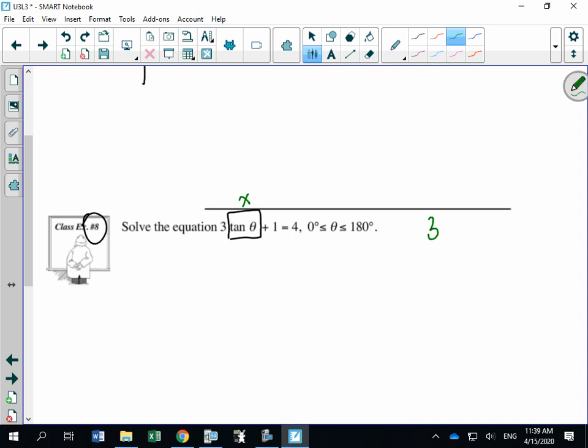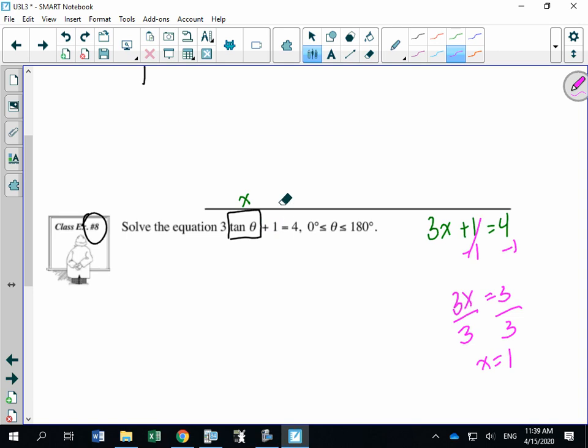So this would be the same thing as saying 3x plus 1 is equal to 4. If I said solve for x, how would you do that? You would subtract 1 from both sides to get 3x is equal to 3, and then you would divide to isolate x and say x is equal to 1. We're going to do that exact same thing, except we're going to isolate tan of theta.